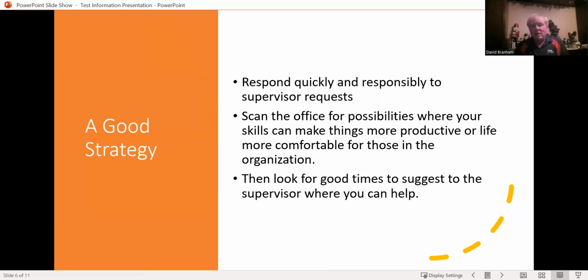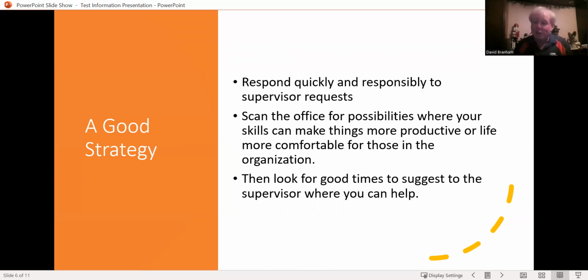A good strategy is always to, one, respond quickly and responsibly to supervisor requests. Two, scan the office for possibilities where your skills can make things more productive or life more comfortable for those in the organization. A lot of times this is a frustrating task because you'll see something.